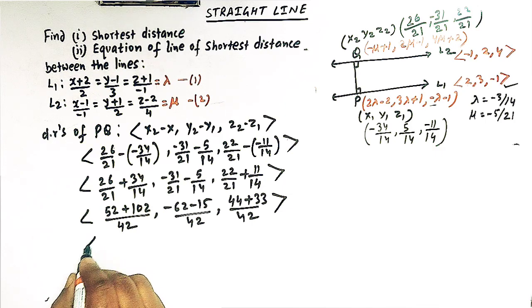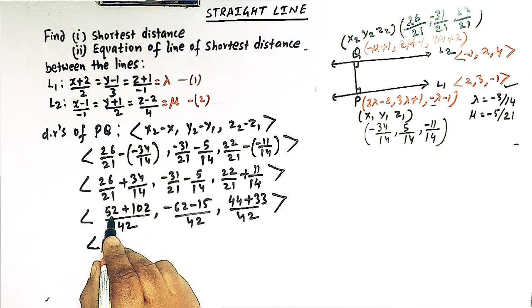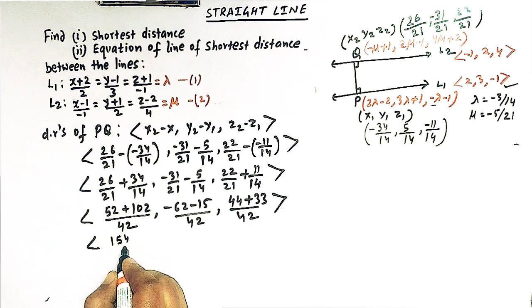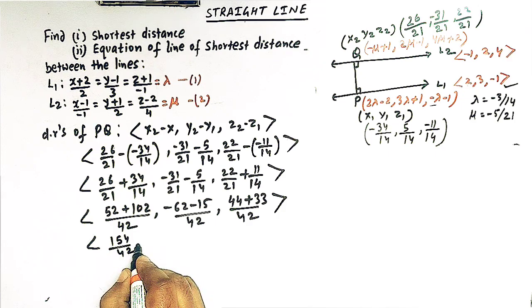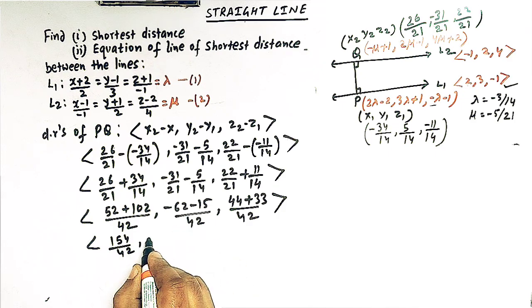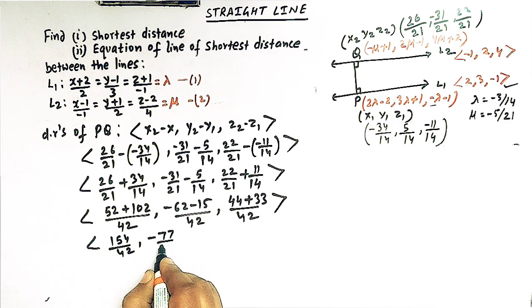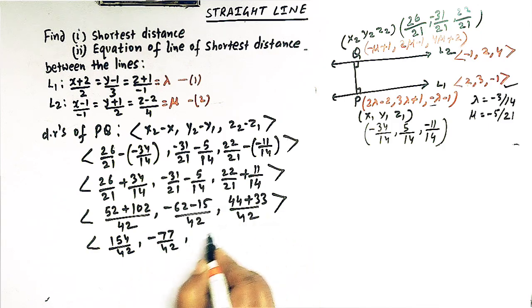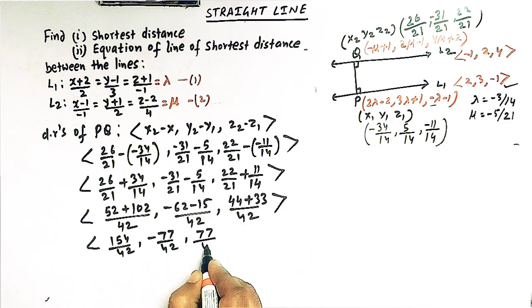Okay, so now we have 154 over 42, and then we have minus 77 over 42, and here we have 77 over 42.